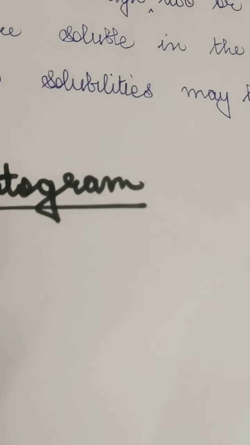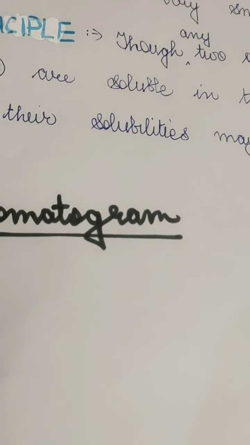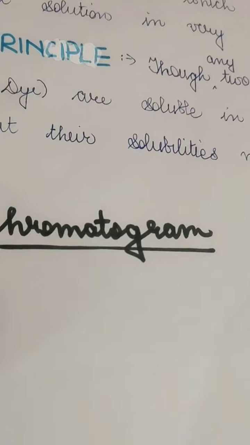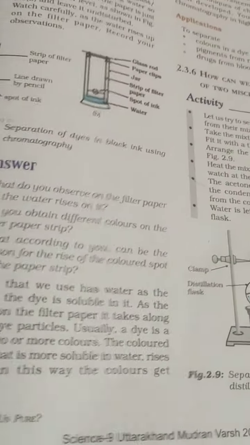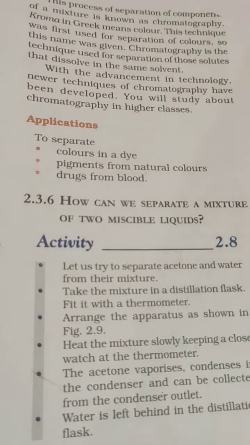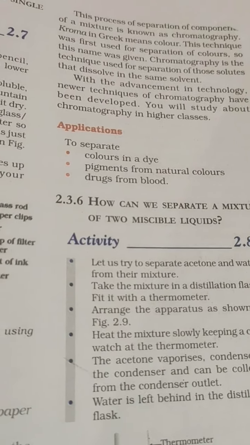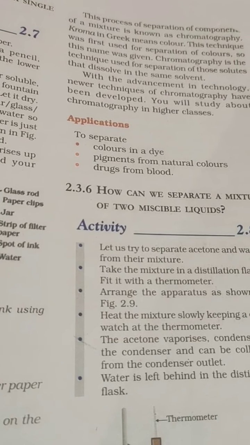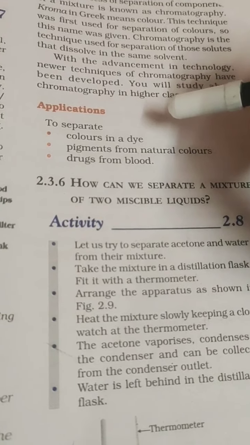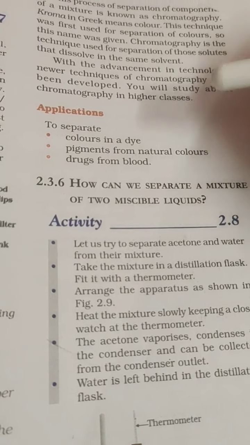Now, chromatography is a very important tool in chemical analysis. It is used to separate a small amount of dissolved substances. Here are some applications, so you can also write along with me while I speak. Chromatography is used to separate solutions of colored pigments from dyes.